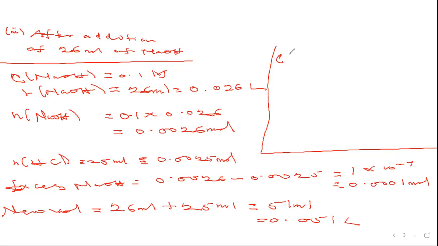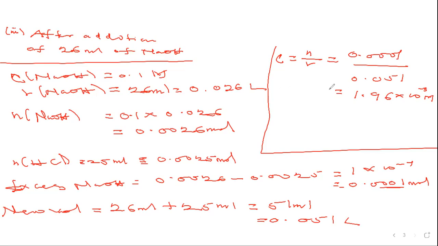So our new concentration will be equal to, as usual, mole out of volume. Now mole here is the excess, 0.0001 divided by 0.051 liters. We are going to get 1.96 times 10 exponent -3 molar. This is what you are going to have as a new concentration of the solution.